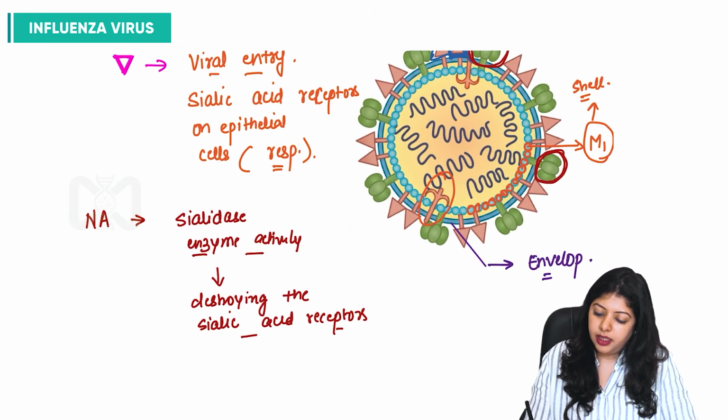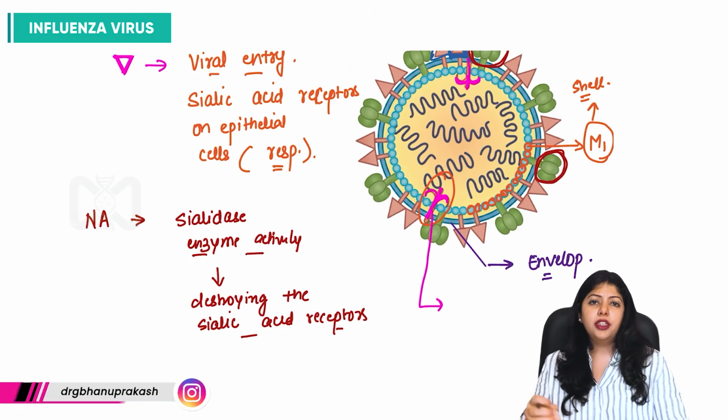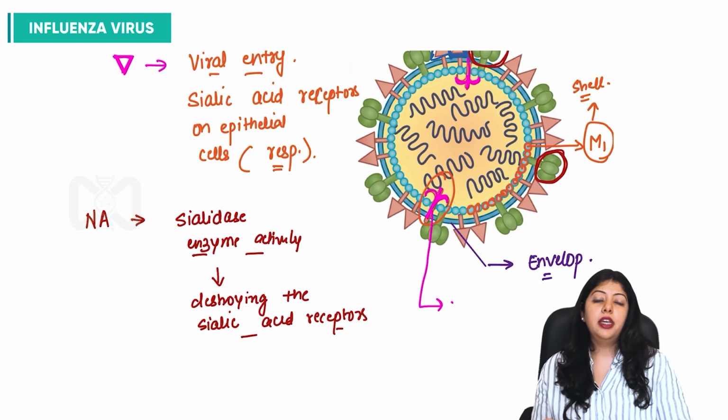And then we have another structural protein, M2. This M2, this anchor-like structure, is forming a channel. Does it look like a channel which is formed inside the lipid envelope layer? Right?